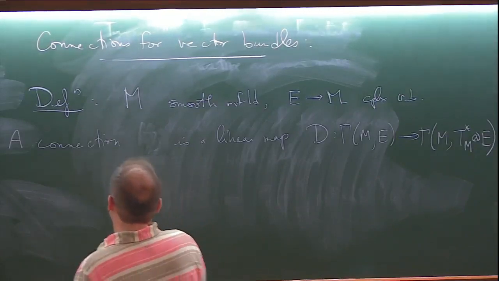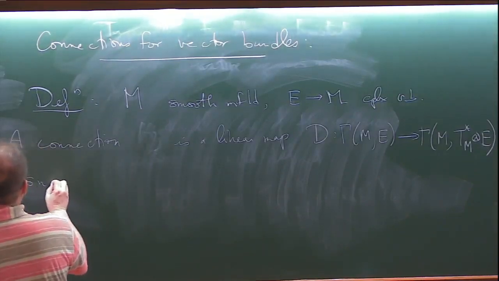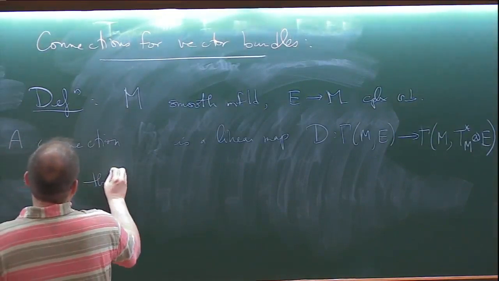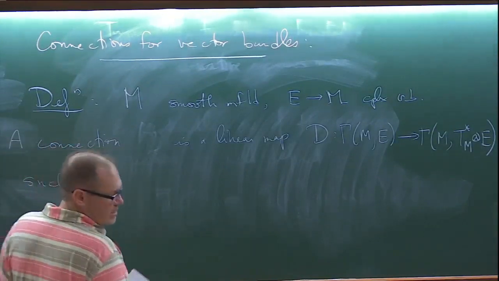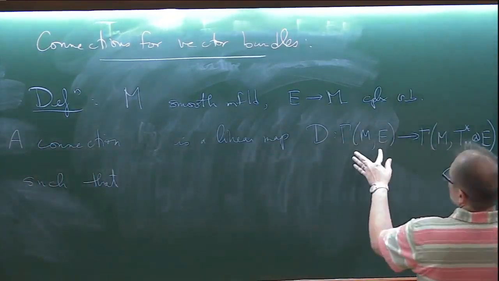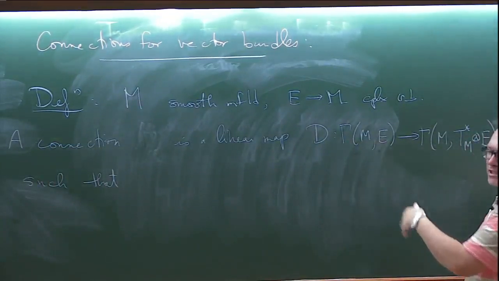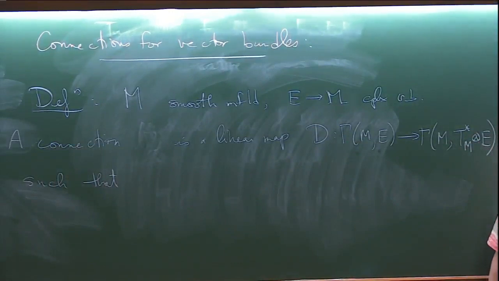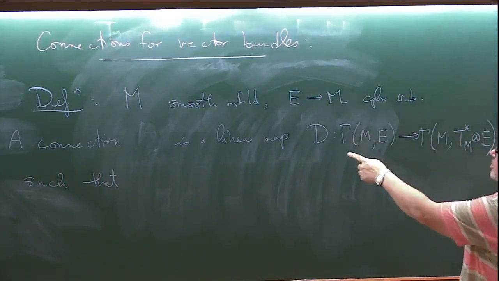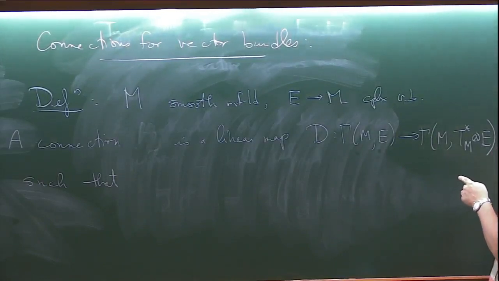So it's a linear map such that we need one additional piece of information. As I was starting to say, this object here is also a C infinity of M module. So you can multiply a section by a smooth function, and you still have a section. And this map is not linear with respect to that structure. Okay? It's linear with respect to the multiplication by scalars, but not multiplication by smooth functions.